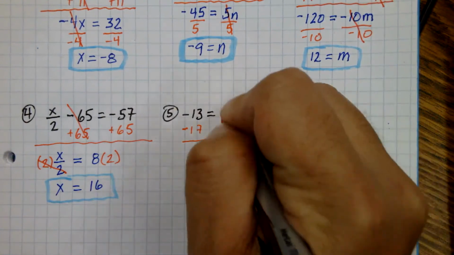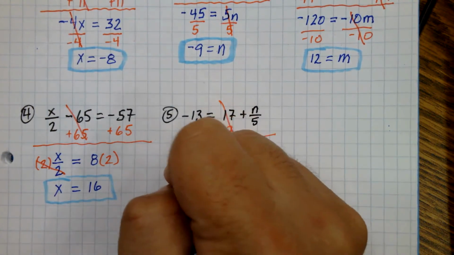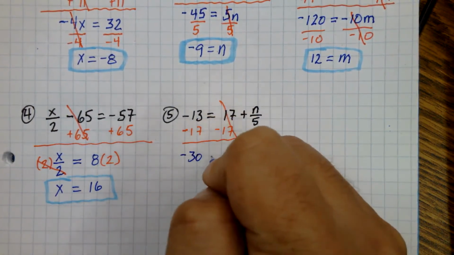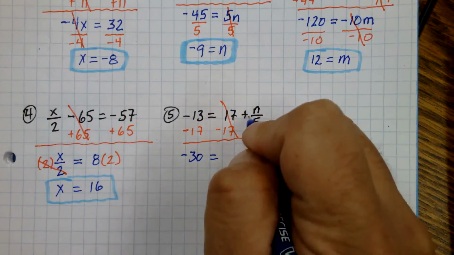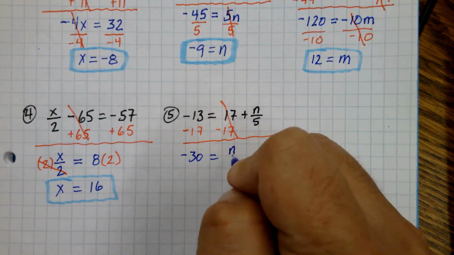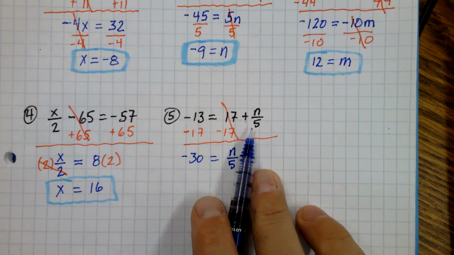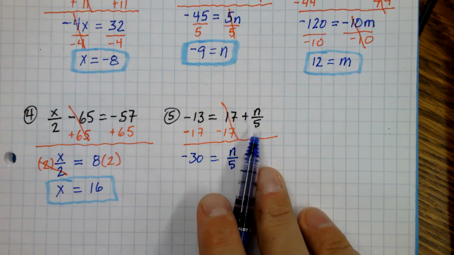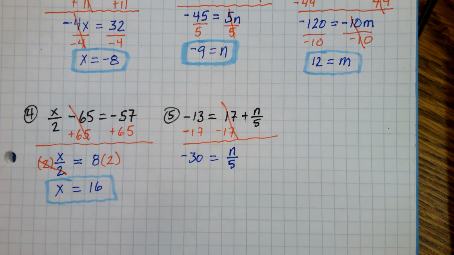On both sides, we'll put a negative 17. Okay, so this gives us negative 30 equals n fifths. And it's positive, it's got a plus. Whatever's in front of the plus or minus, it's associated, so it's positive.